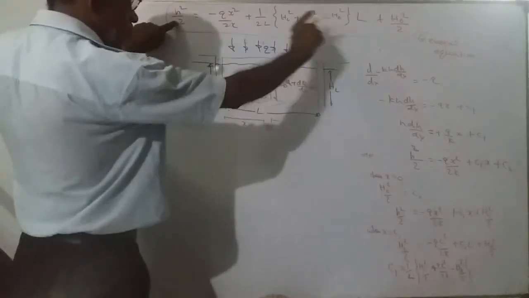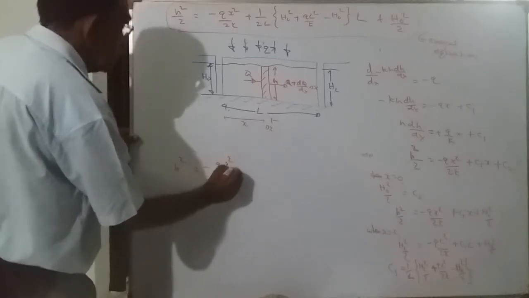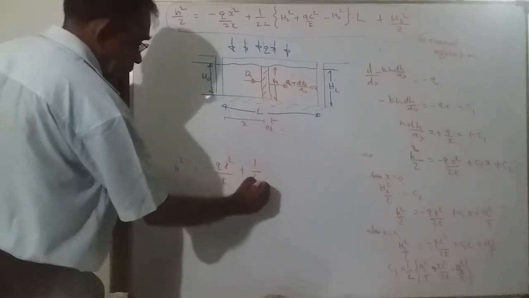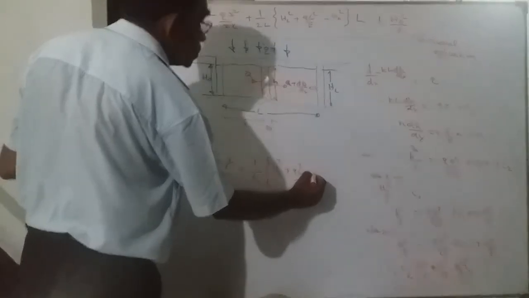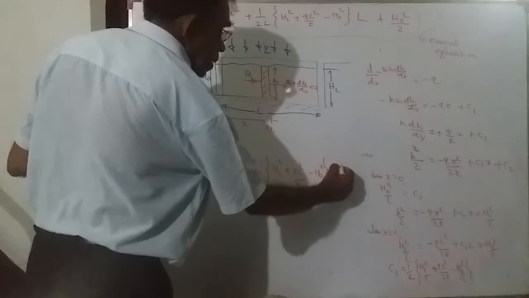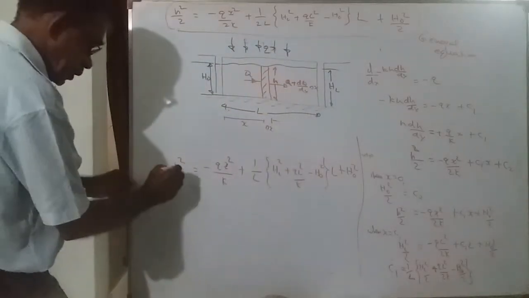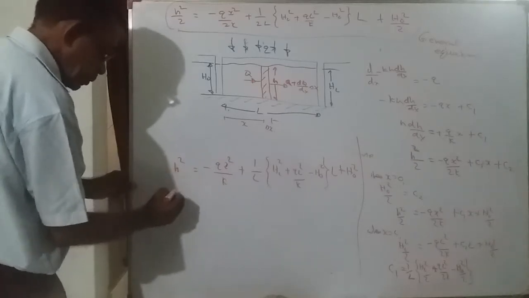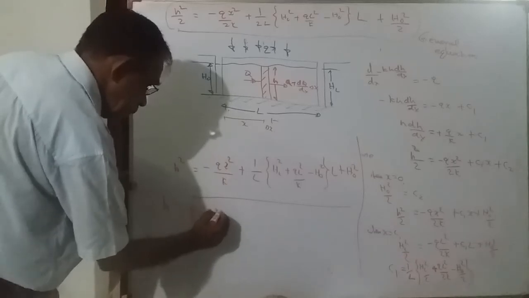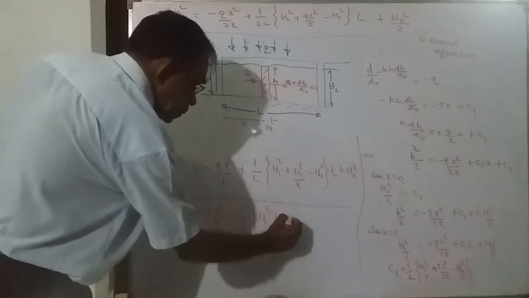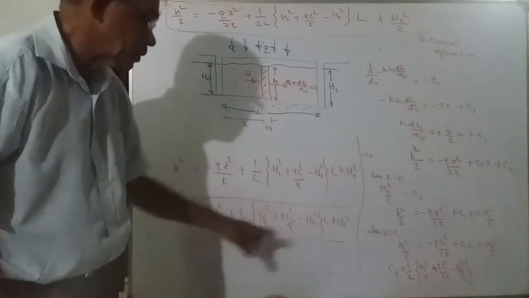You can remove the 2 by multiplying throughout by 2, so h squared is equal to minus q x squared divided by k, plus 1 upon L times hL squared plus q L squared divided by k minus h naught squared, times x, plus h naught squared. Now h will be equal to the square root of this whole thing. That is the general equation for h.